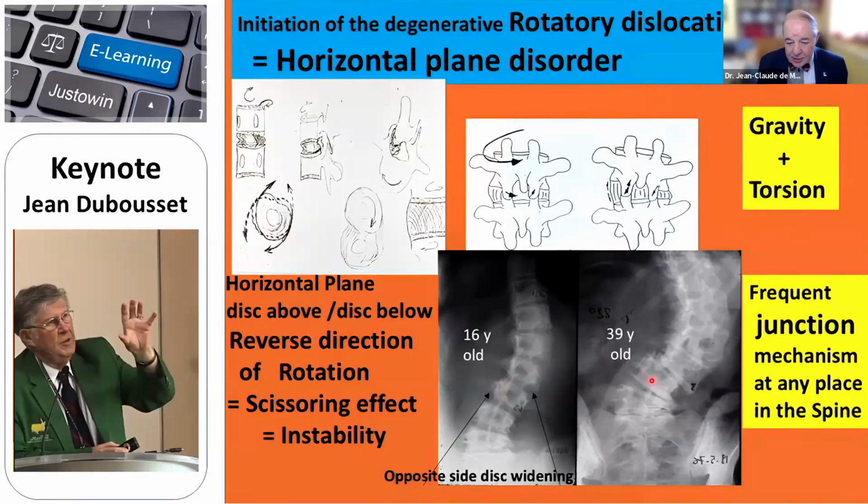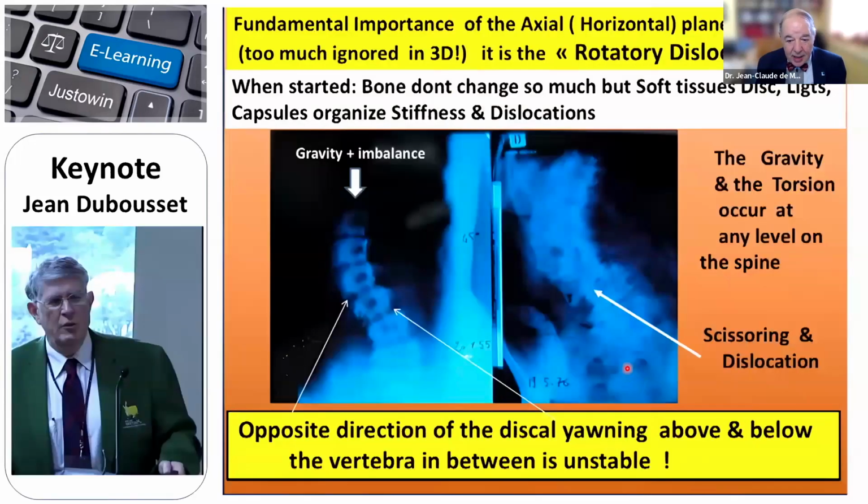And you see that sometimes 1 year after, we have this important progression of rotatory dislocation at this level. So it's the same. We must look not only at the apical vertebra, rotation at the apical vertebra, it's interesting, but also at the limit vertebrae and see if for adult patient, we don't have a beginning of rotatory dislocation.